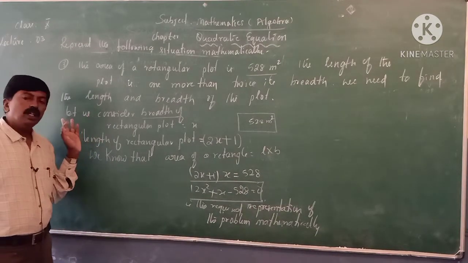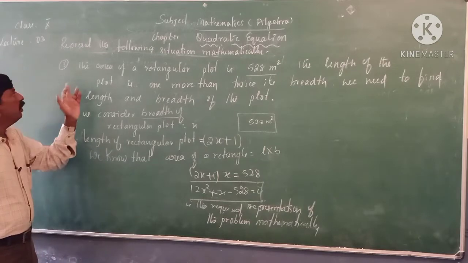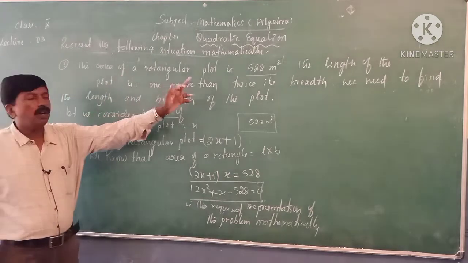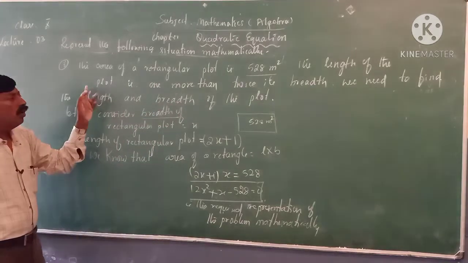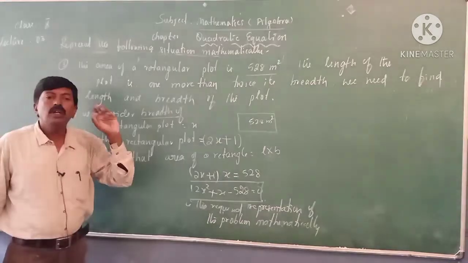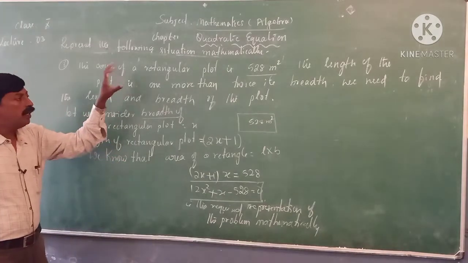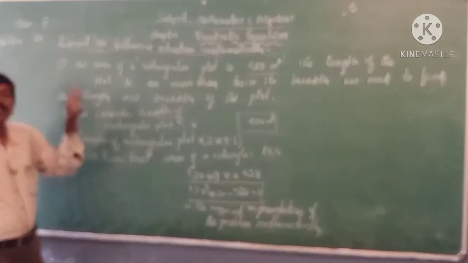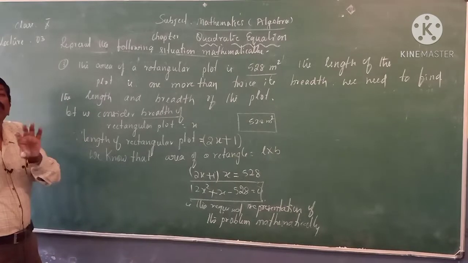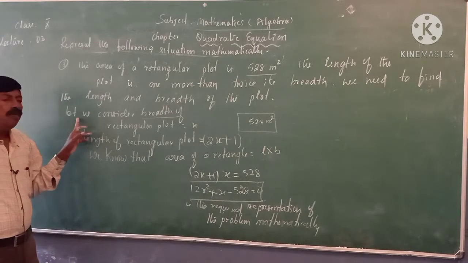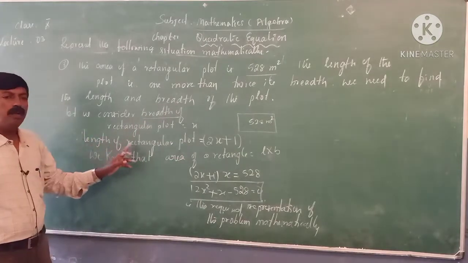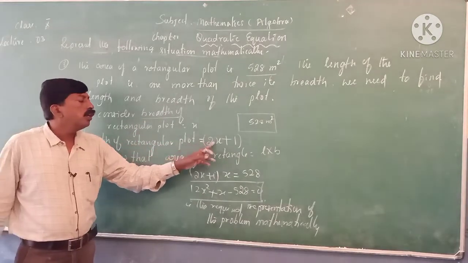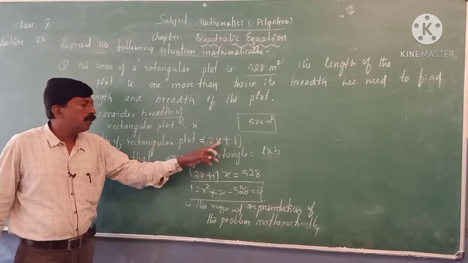Once again, you can read the same statement. The area of a rectangular plot is 528 meters square. The length we don't know, the breadth we also don't know. Depending on the statement, you can analyze it and write it in numerical form. Here we have considered breadth is x. Therefore, as per the statement, length of the rectangular plot is 2x plus 1. How do we get 2x plus 1?